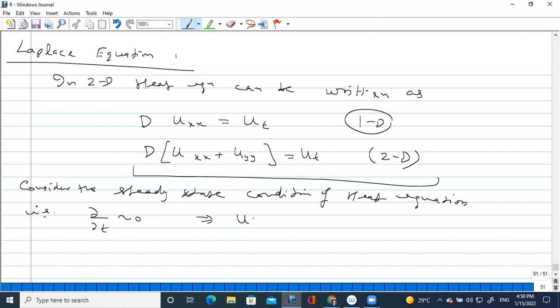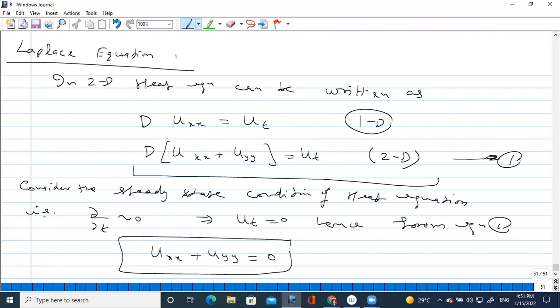So this implies UT equal to 0. Suppose this is equation number 1. Hence, from equation 1, UXX plus UYY will be equal to 0. Okay, and this is known as the Laplace equation. So this is your Laplace equation.